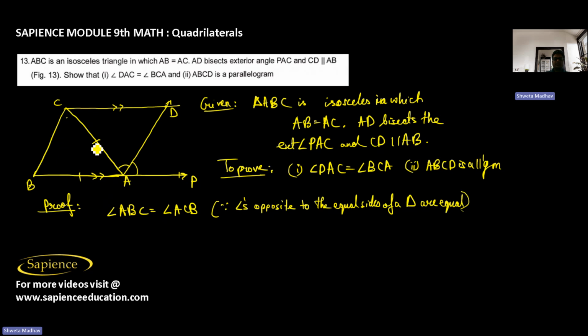Since it is given that AB is equal to AC, so these two angles are equal.